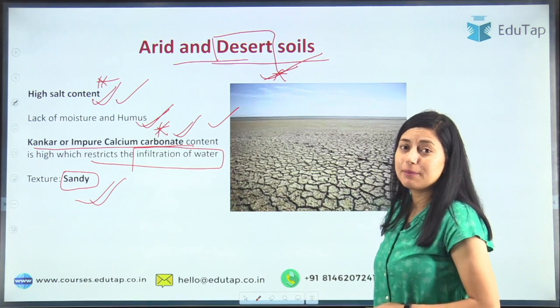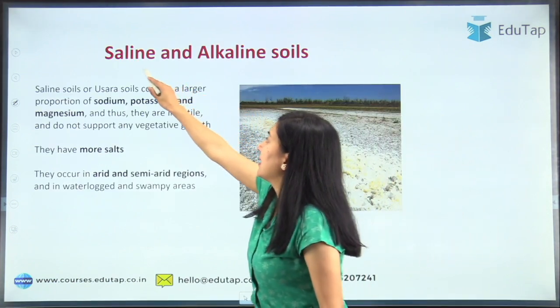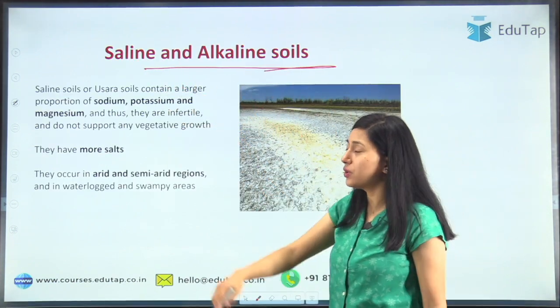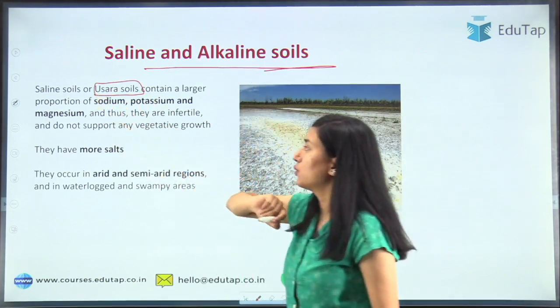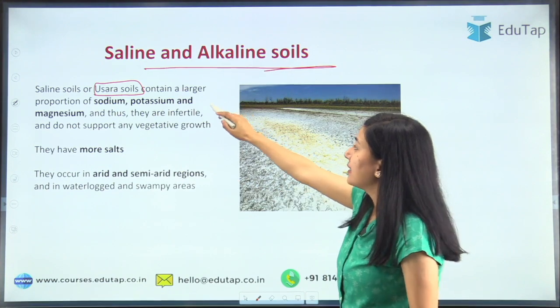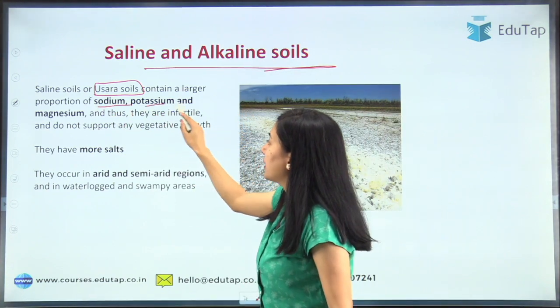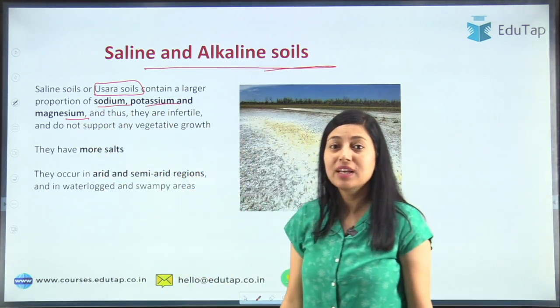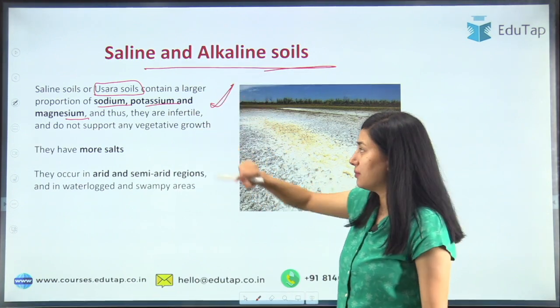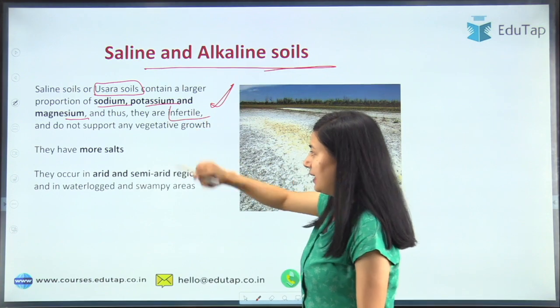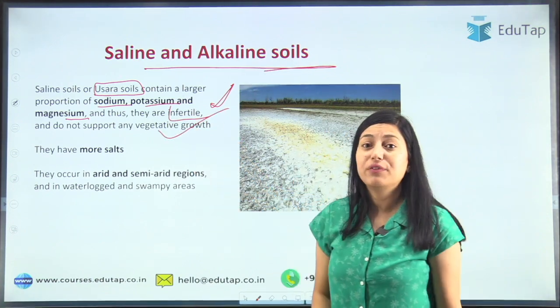Moving on to the next type, that is your saline and alkaline soil. Students, your saline soils are also known as ooser soils, and they have a large proportion of sodium, potassium, and magnesium. Due to the high content of sodium, potassium, magnesium, these soils are infertile and do not support vegetative growth.